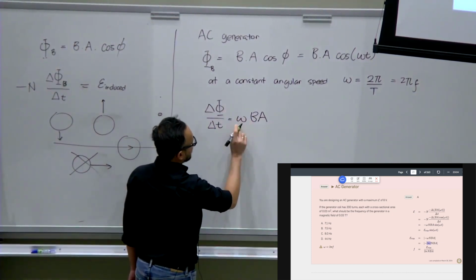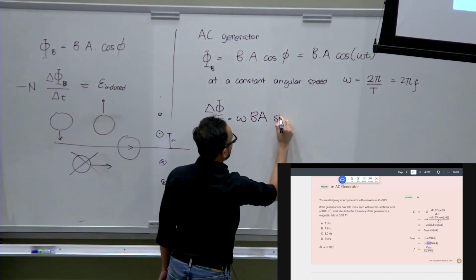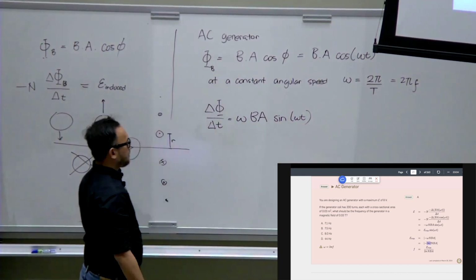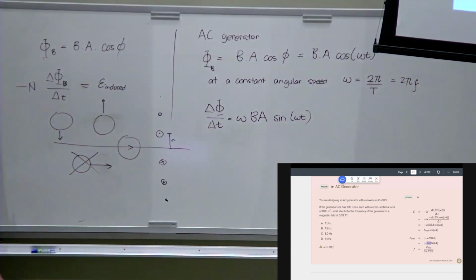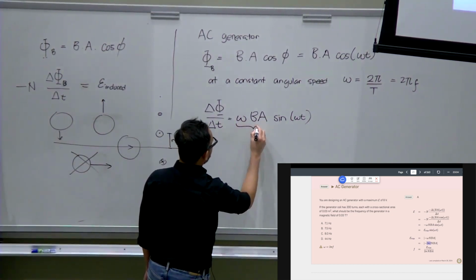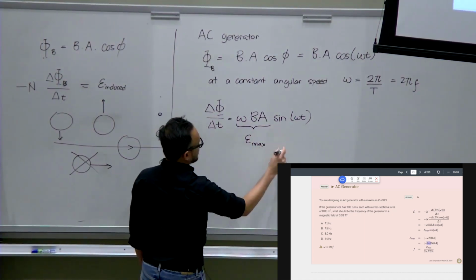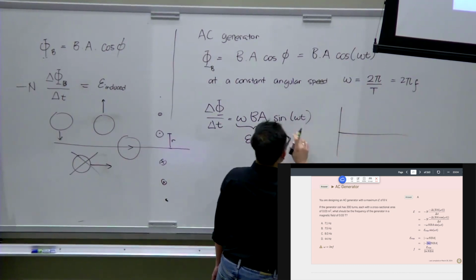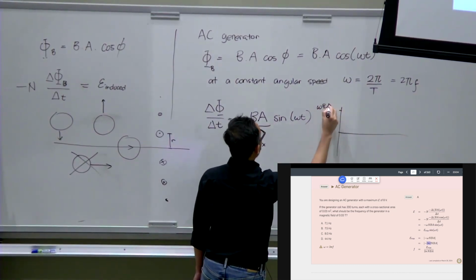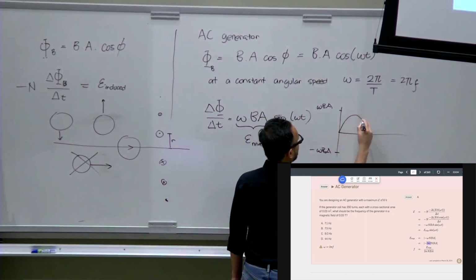You have the angular speed times BA, and instead of cosine, you use sine. For this problem, I just define this as EMF maximum, because this function oscillates from omega BA to minus omega BA.